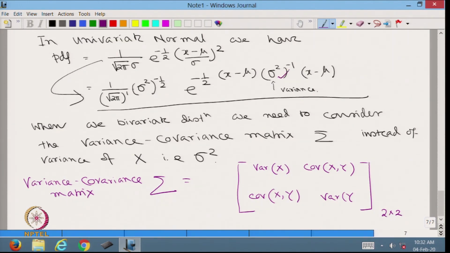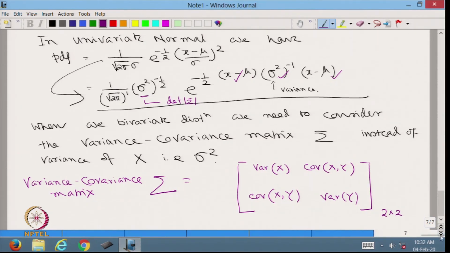So, the variance sigma square needs to be replaced by the inverse of this 2 by 2 matrix, and here, because it is a scalar, we need to use determinant of sigma. So, this is how we need to change, and of course, this x minus mu, which was a scalar, now becomes a 2 dimensional variable.